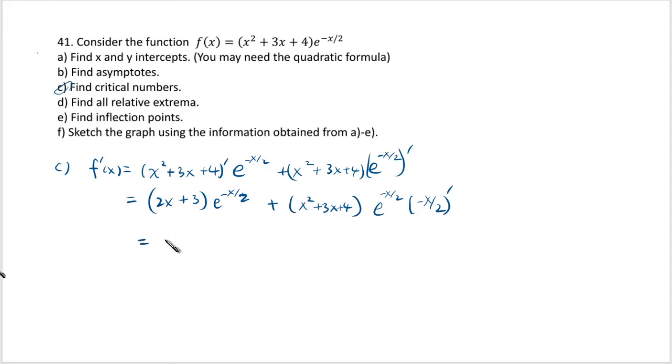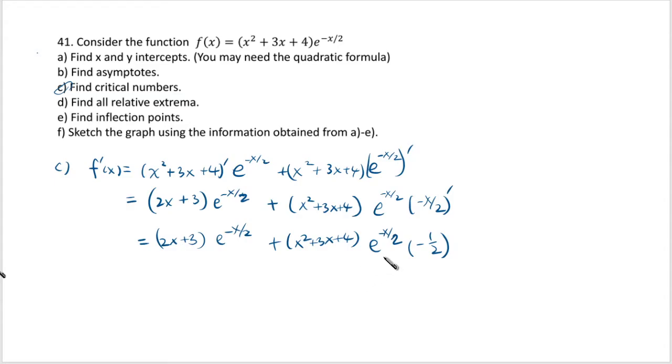So that would give us (2x plus 3) e to the negative x over 2 plus (x squared plus 3x plus 4) e to the negative x over 2, and then the derivative of this would be negative 1 over 2.